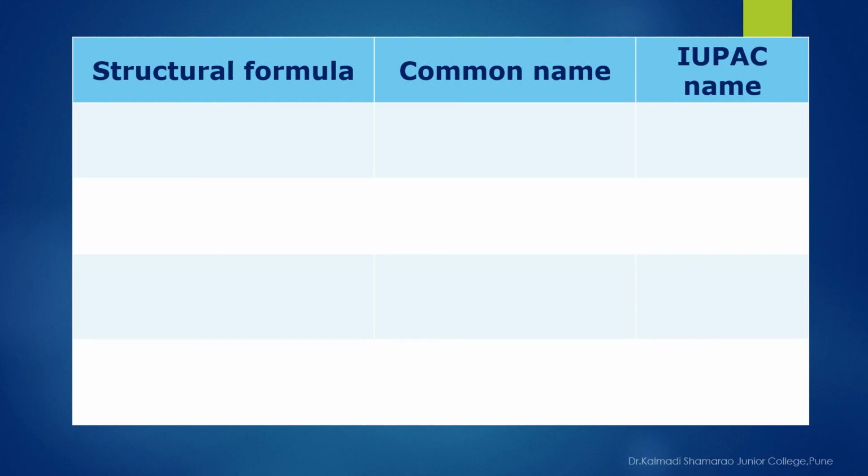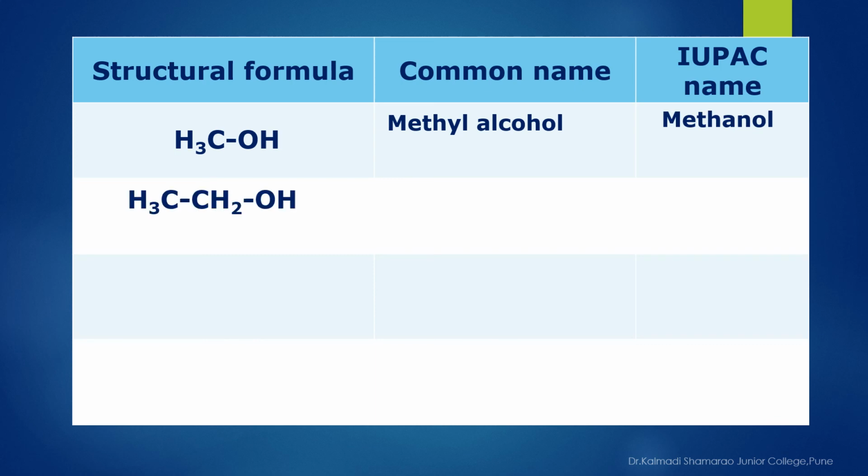A few more examples of monohydric alcohols are seen in tabular form. In this, common name and IUPAC name are taken into consideration. First compound, CH3OH. It has the common name methyl alcohol and IUPAC name methanol. Second compound, CH3CH2OH. Ethyl alcohol, ethanol.